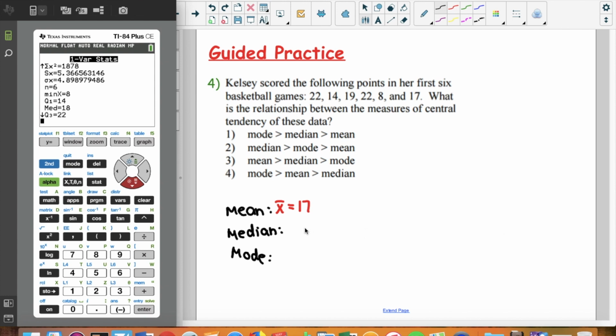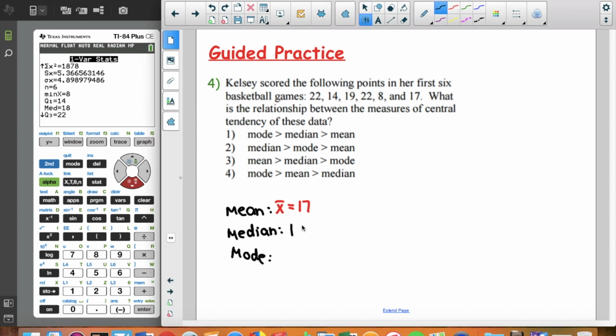The median is 18. And lastly, the mode. Let's look here which happens the most, and it looks like it is 22. So the mode is 22.